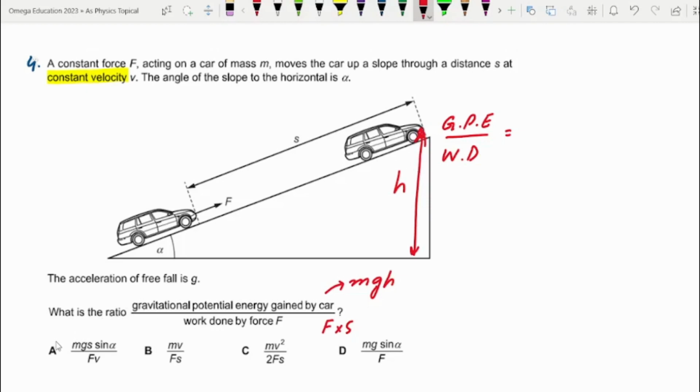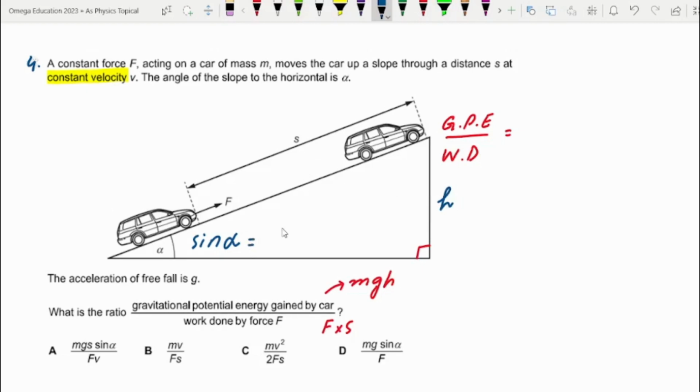If you check out the answers in the numerator, which refers to the gravitational potential energy, all the options are in terms of mass, sine alpha and s. So it means you need to convert the height into some other variables. If you consider this right angle triangle, then for this angle alpha, sine alpha equals perpendicular over hypotenuse.